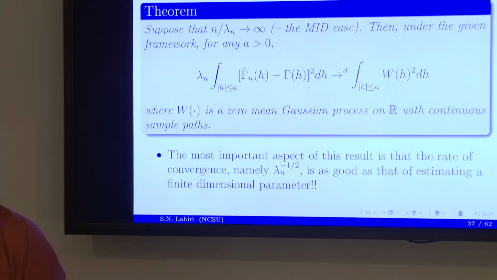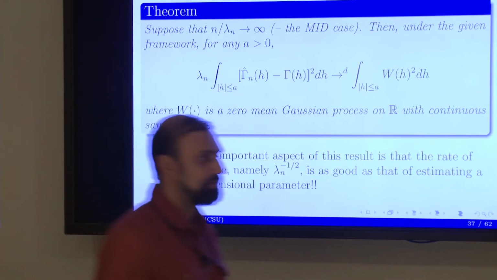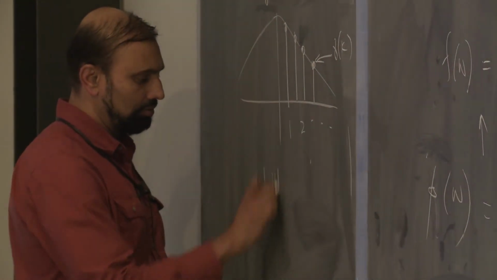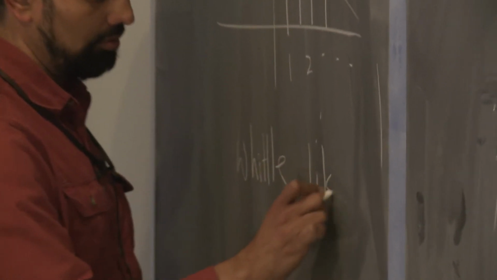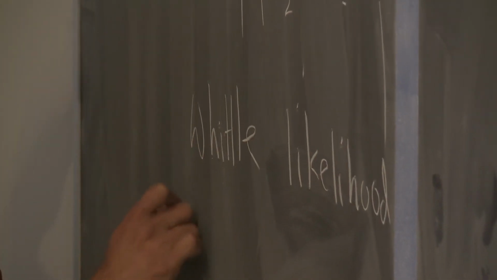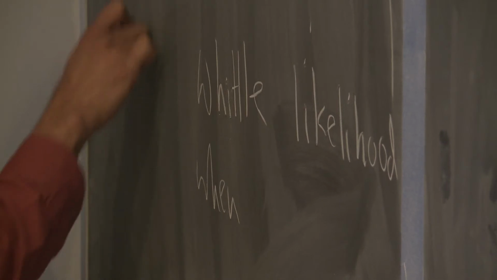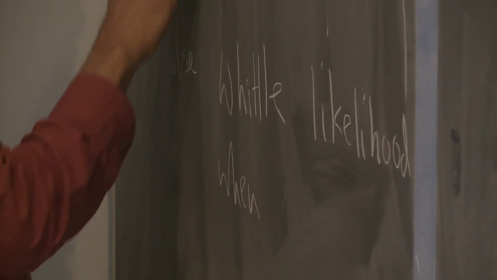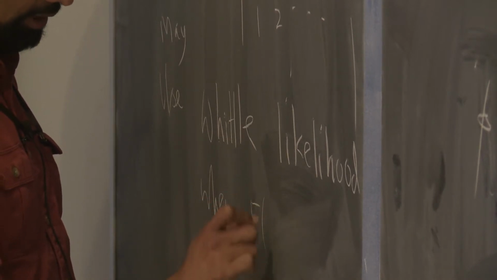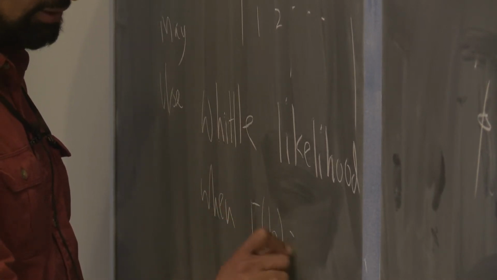What is Whittle estimation? You may use Whittle likelihood when gamma of h is equal to some parametric form.